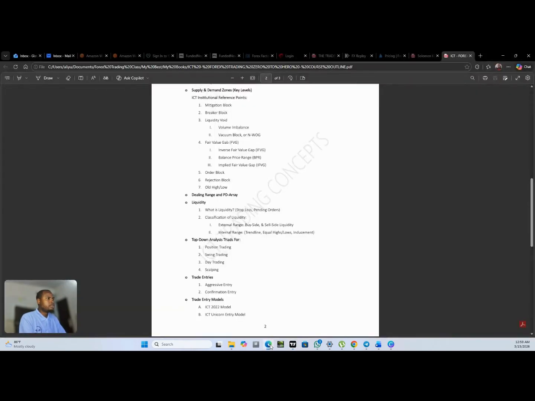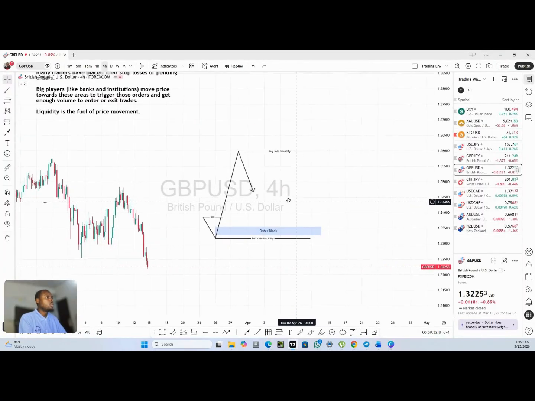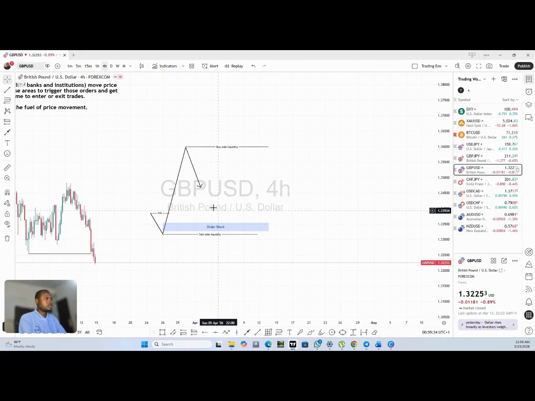So from here, as you can see, we have what? Trend line liquidity. So what is this trend line liquidity? Trend line liquidity is a type of liquidity that is doing something like this. As you can see, this market creates this impulsive movement, and then it starts retracing.